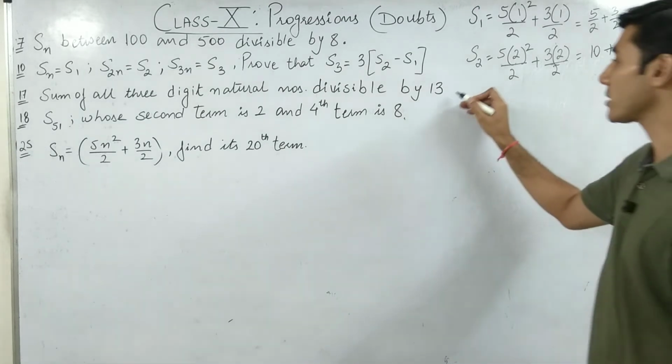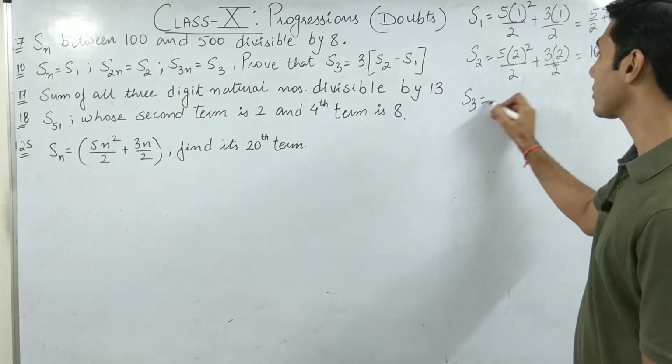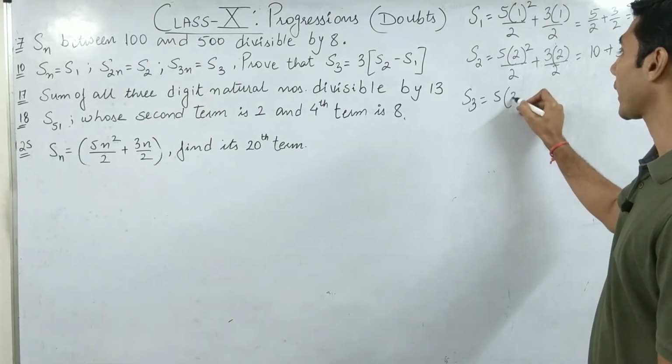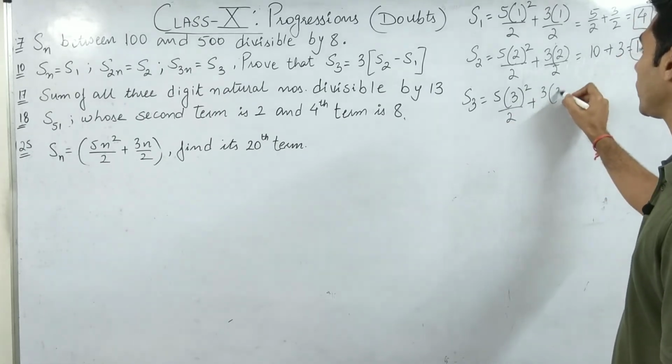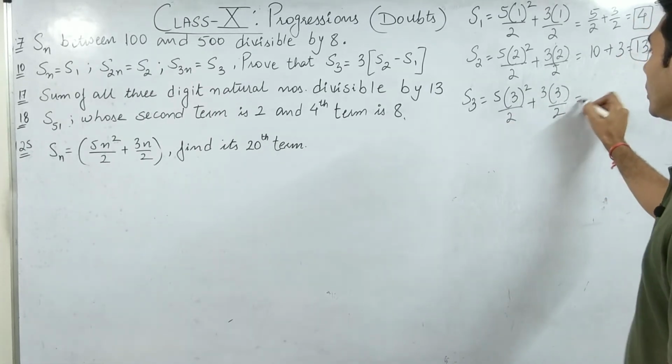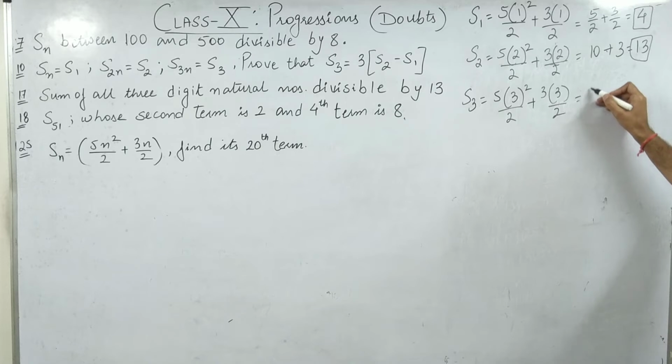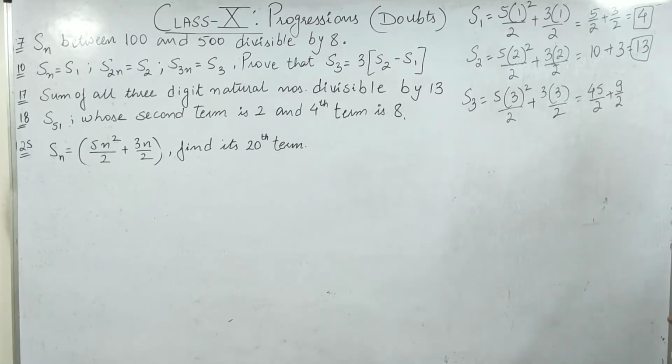Right, let's find out S3 again. S3 should be equal to 5 bracket 3 square by 2 plus 3 into 3 by 2. 9 into 5 is 45 by 2, plus 9 by 2. So 45 plus 9 comes out as 54, and 54 by 2 is 27.